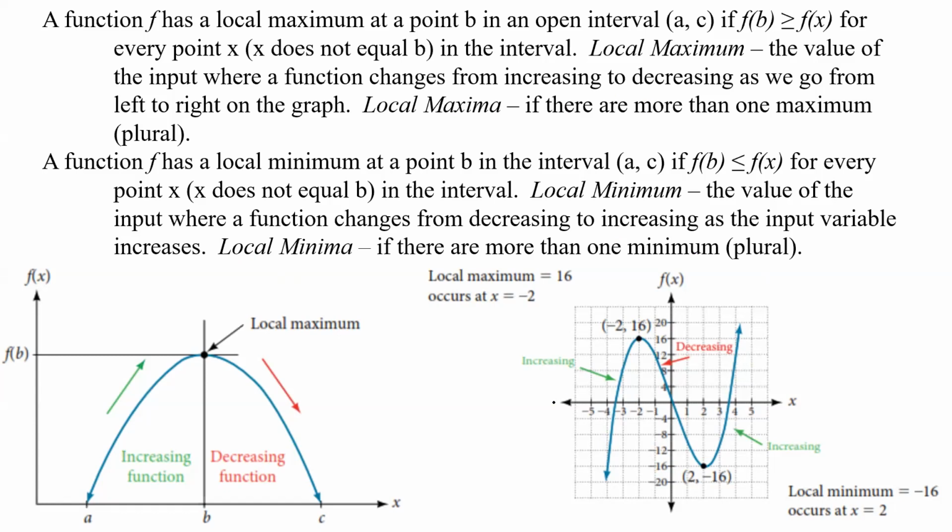The local maximum is your y value, the 16, and it occurs at x equals -2. Whereas the local minimum, its value is -16, which is the y value, and it occurs at x equals 2. Okay, so those are the key points on how local minimum and local maximum work.